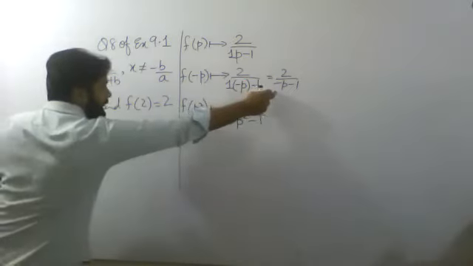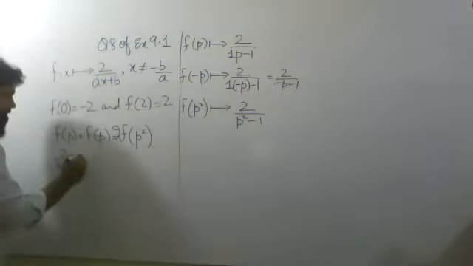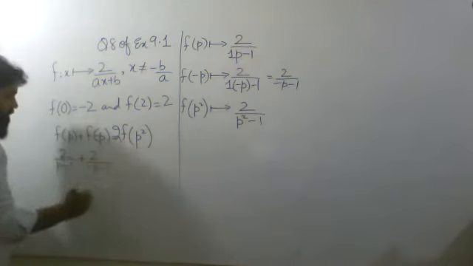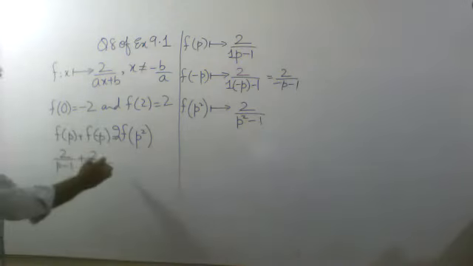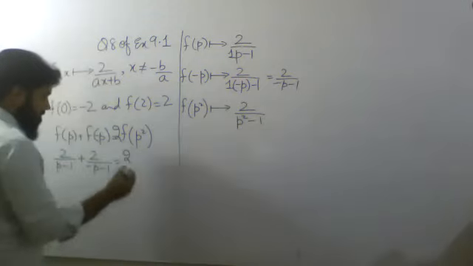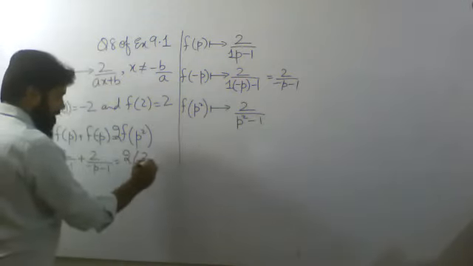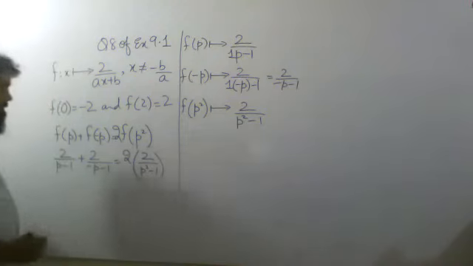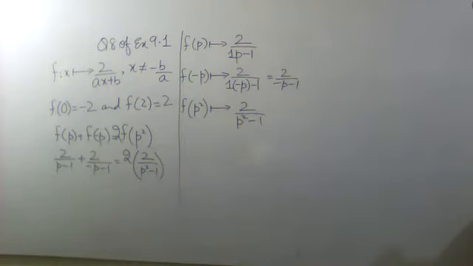Then f of minus p was 2 upon minus p minus 1, equals 2 times 2 upon p square minus 1. Right? I've just plotted my values over here.